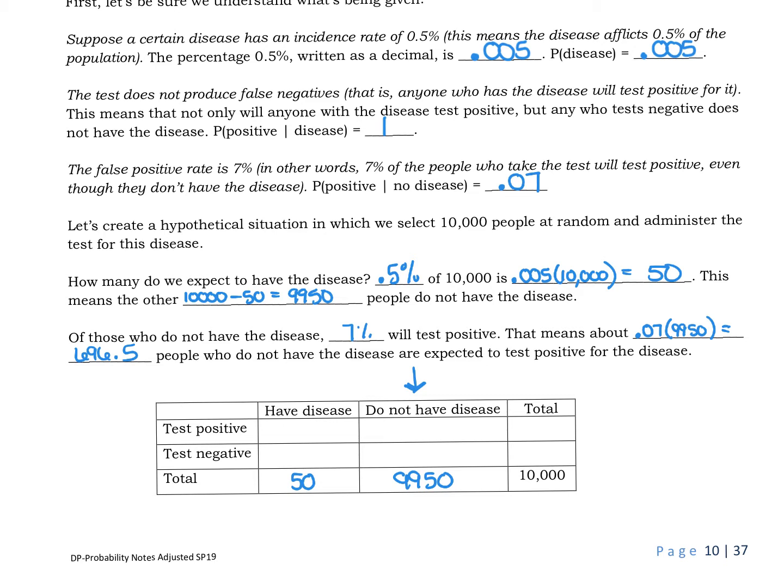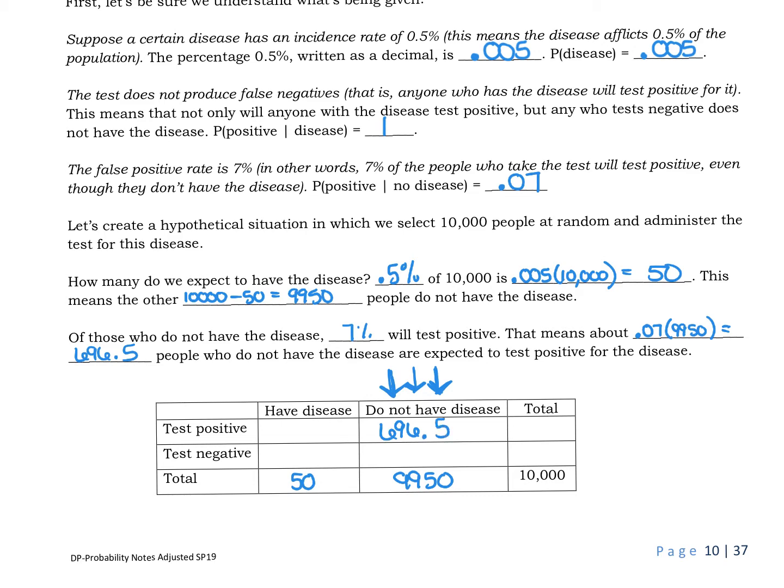Had you taken this to 100,000 people, we wouldn't have gotten a decimal in this case. So, of those who do not have the disease, so again, we're still in this column that I've got all the arrows pointed to, 696.5 will test positive but will not have the disease, okay?